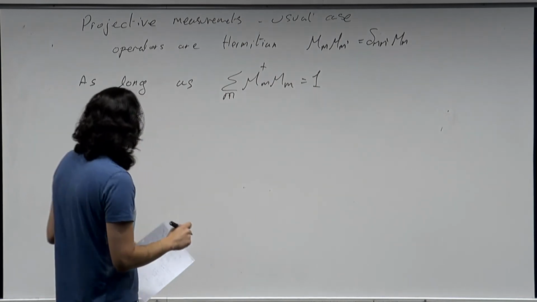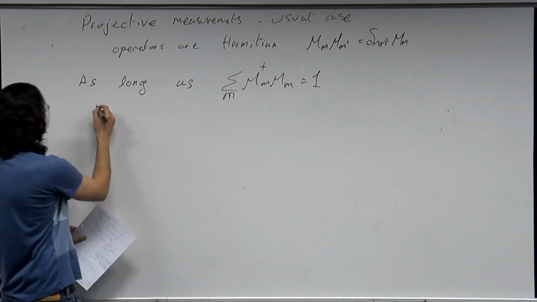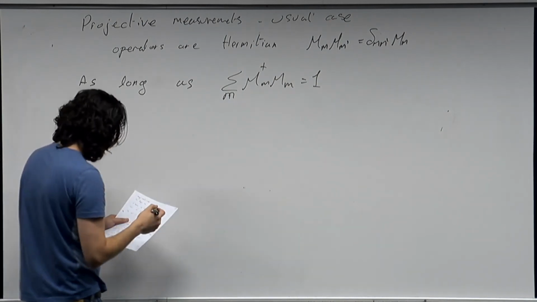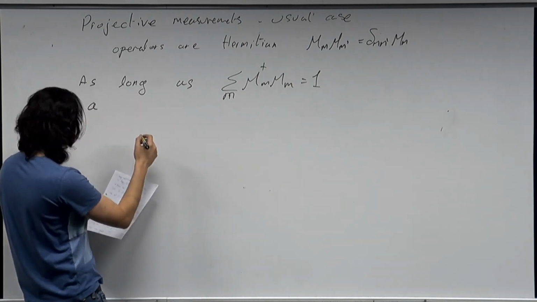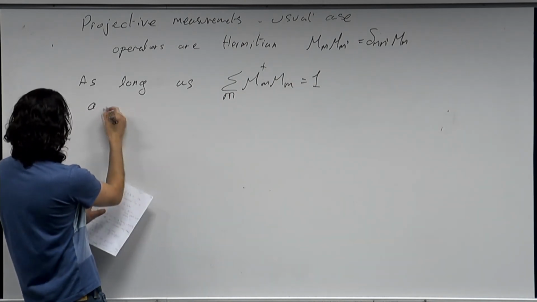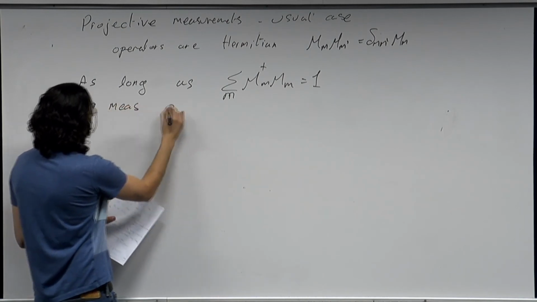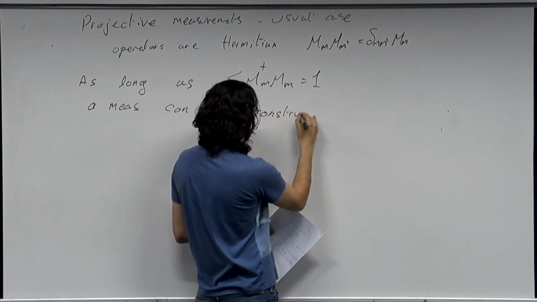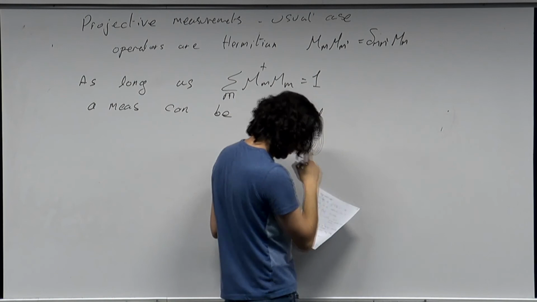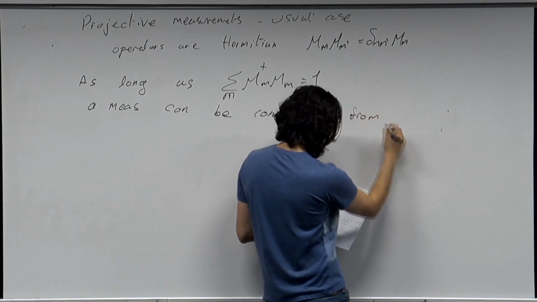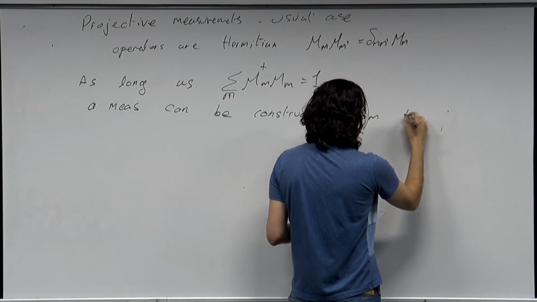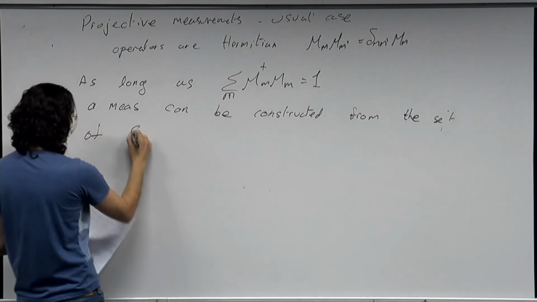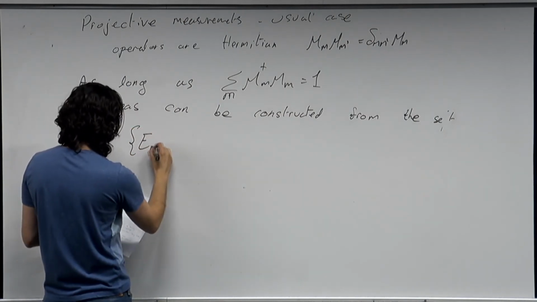Okay, and in the more general sense, what people usually do is construct a set of operators, which are called POVMs. So a measurement can be constructed from the set of E_m.